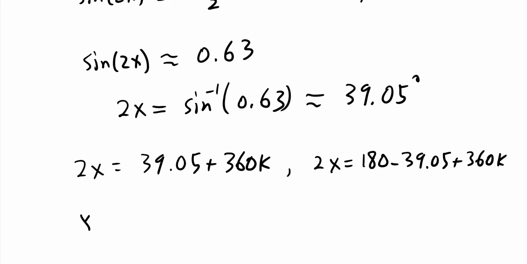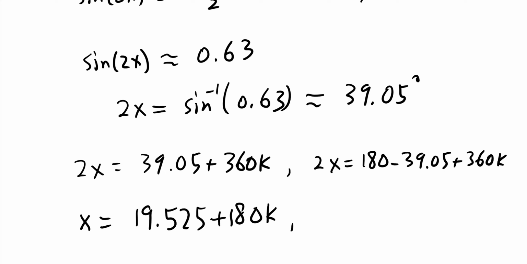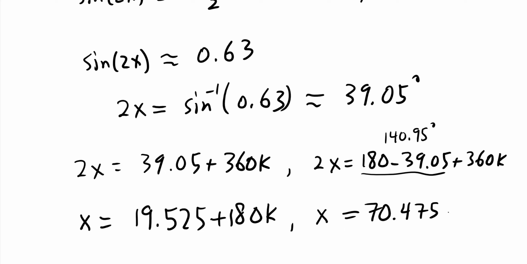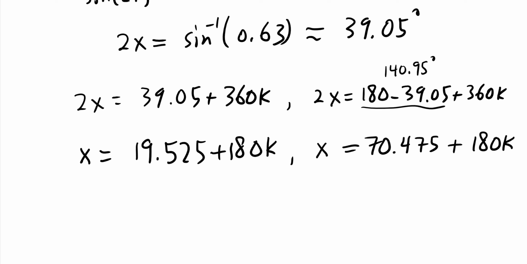So then if I divide everything by 2 here, if we do that on the calculator, let's see what we get. That's 19.525 plus 180k. And for the other one, if you do the calculations, this is 140.95 degrees. Divide by 2, that gives 70.475 plus 180k. So I got to the point where now it's ready for us to select values for k.